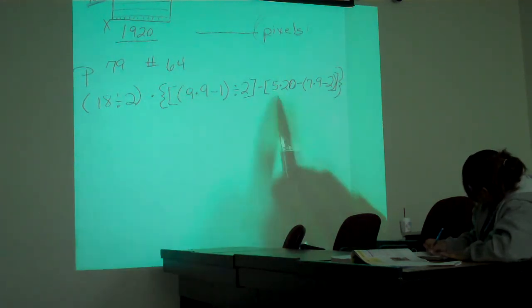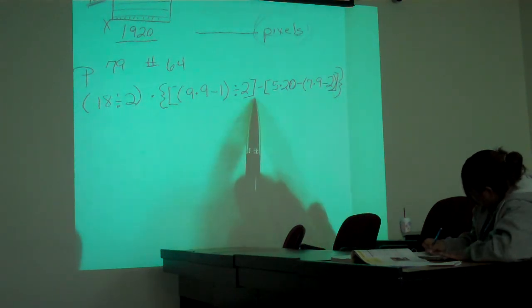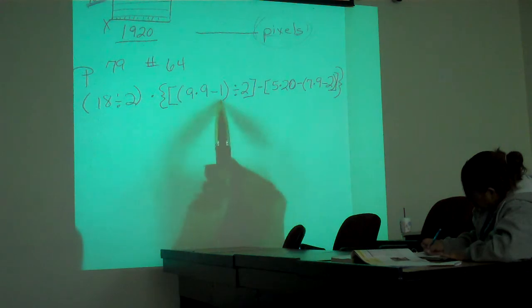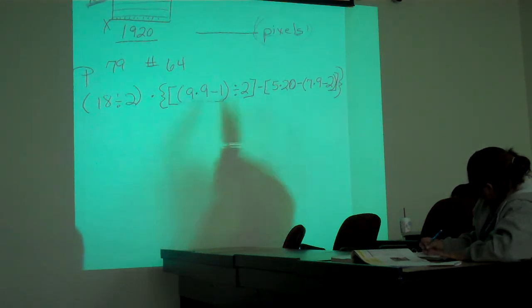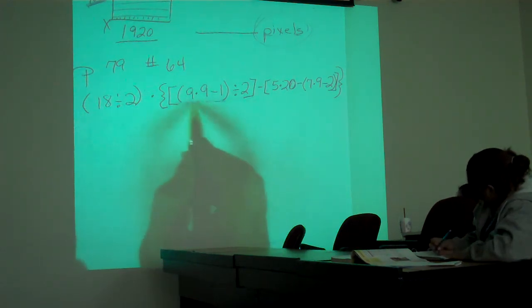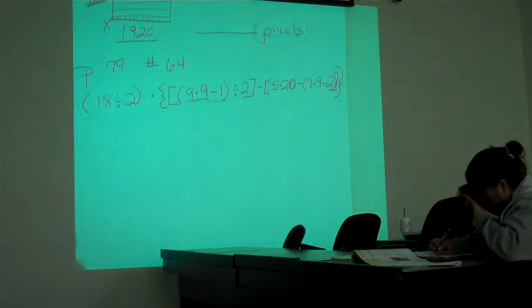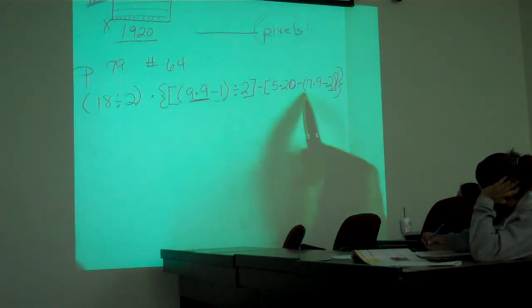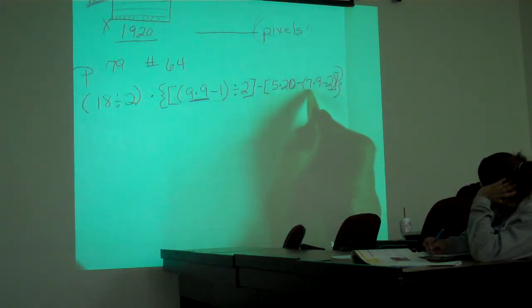For each one of these brackets, we have to start working inside the bracket. We're going to work the parenthesis inside the bracket. What part do you do first? You have to do the multiplication first, right? So we'll do that.